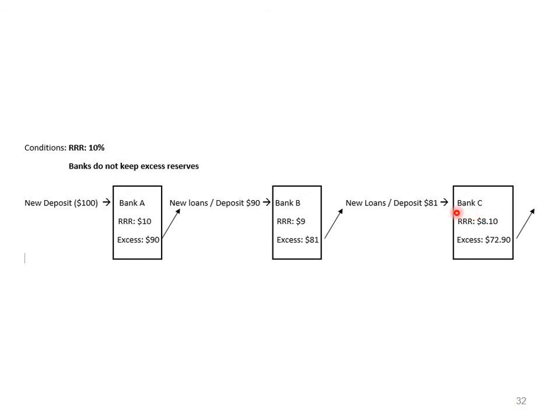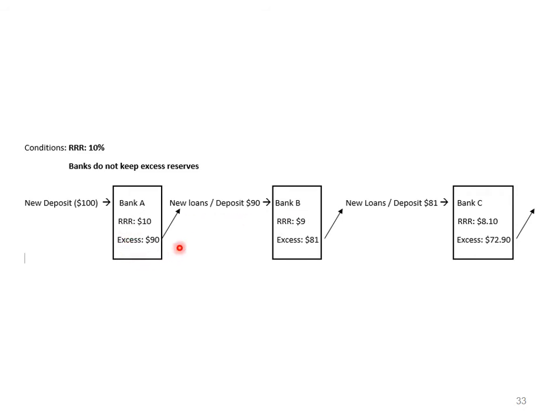Bank C therefore receives new deposits of $81, and must keep $8.10 because of the RRR of 10%, and lend out the remaining $72.90, and the process will go on and on. Now you see what's happening here with this lending activity.